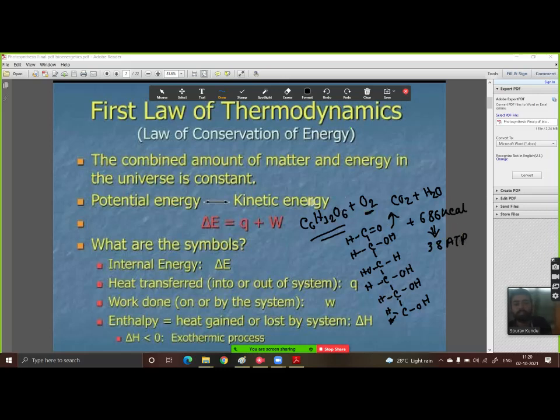So what is occurring here? This glucose, the static energetic part, is again converted into kinetic energy. This kinetic energy is then converted into mechanical energy for our day-to-day activity. So this is the thing.